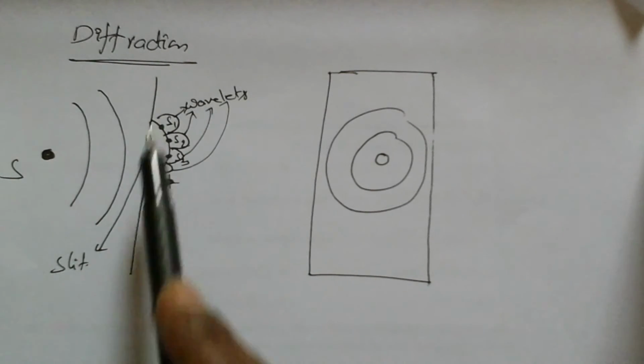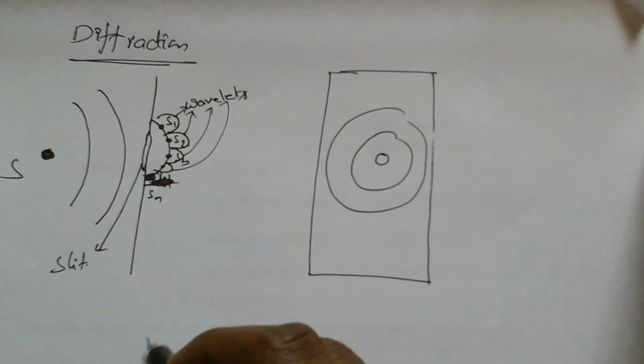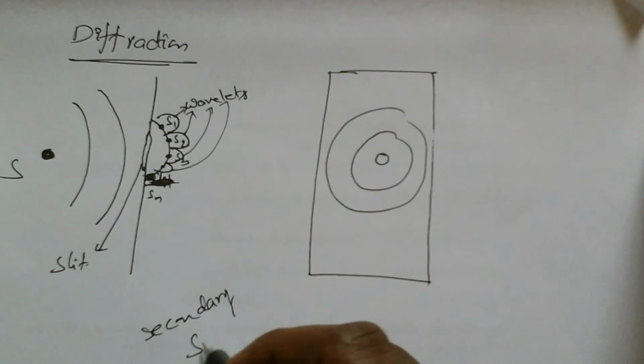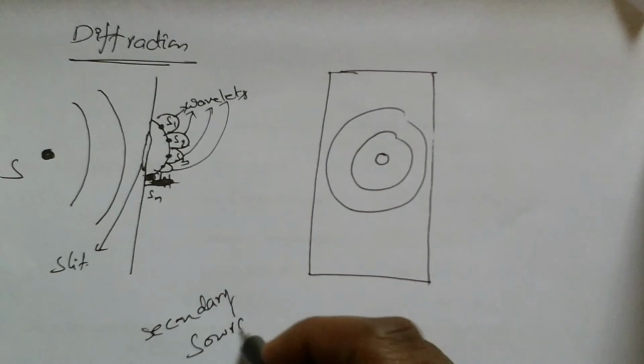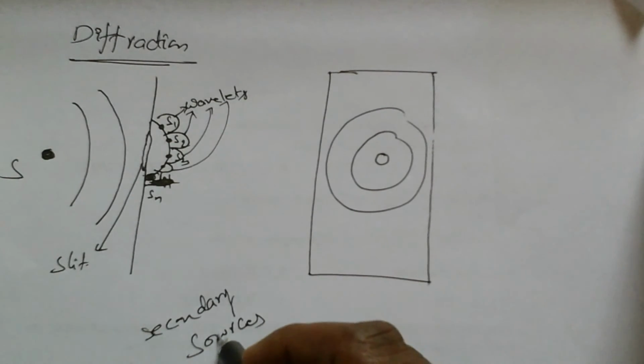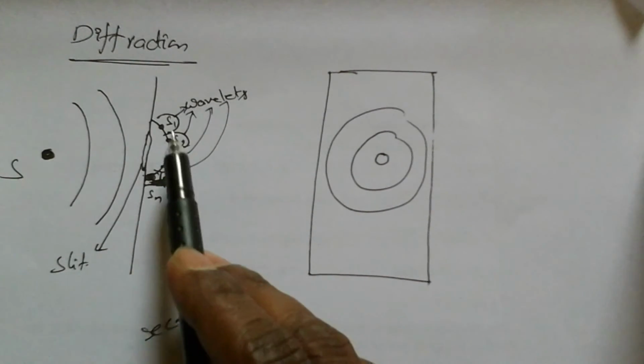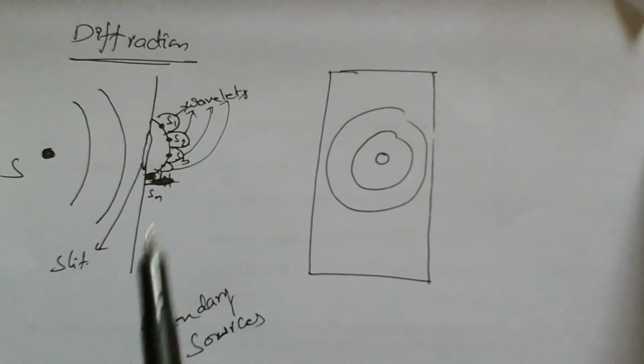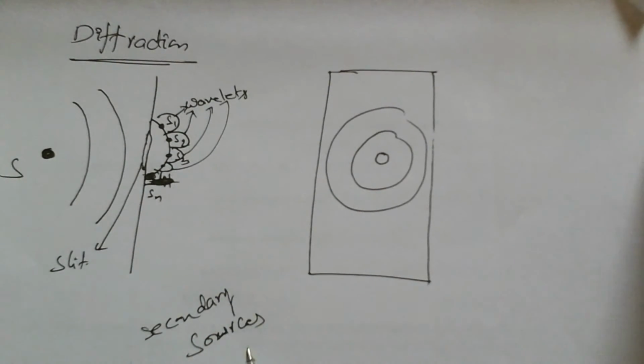All these points are called secondary sources. This S1, S2, S3, Sn are all called secondary sources. They will act as secondary sources.